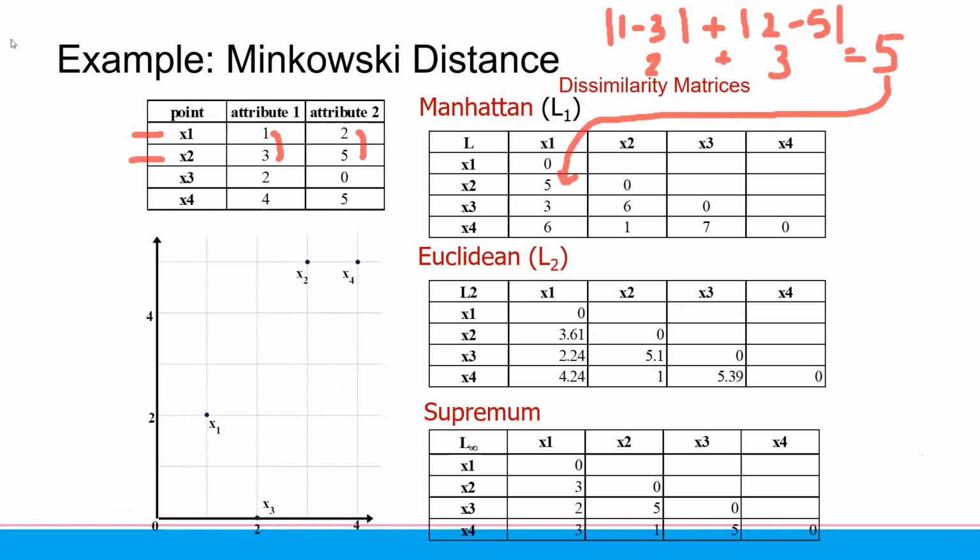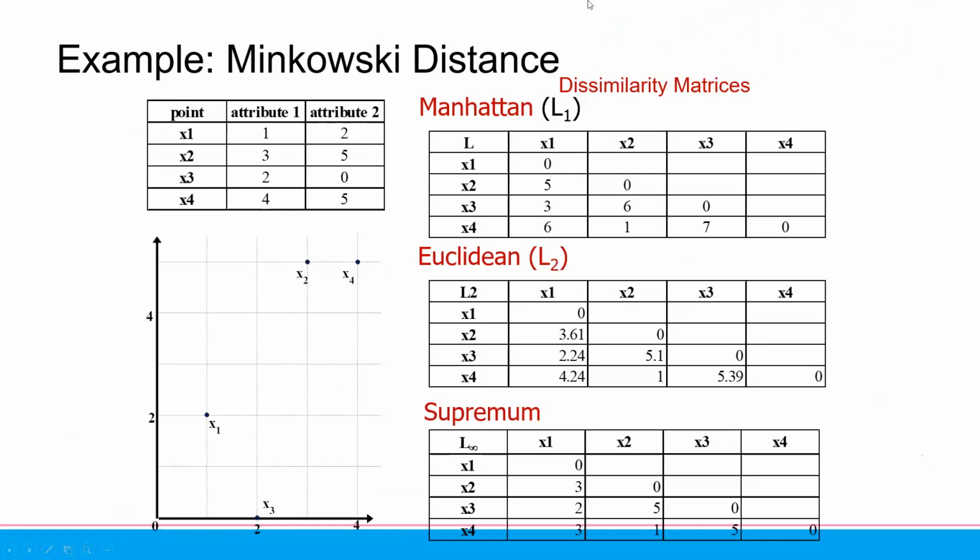Now let's see another example. I want to see the distance between x2 and x3. So I can do the absolute again. 3 minus 2 plus absolute 5 minus 0. And we have 1 plus 5. So the result is 6.